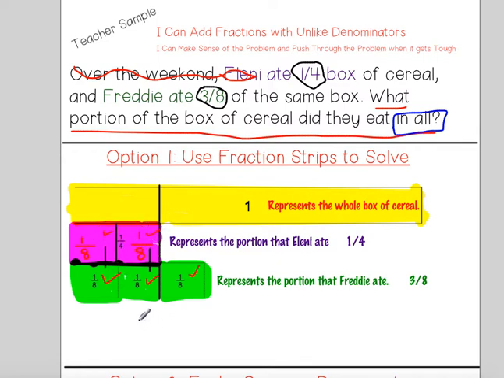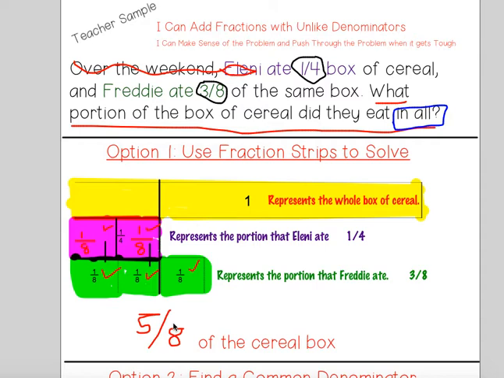So they ate 5/8 of the cereal box total. 5/8 of the cereal box because Freddie ate 3/8 and Eleni ate 1/4, which we also saw was equal to 2/8, and 3 plus 2 gives us 5/8.